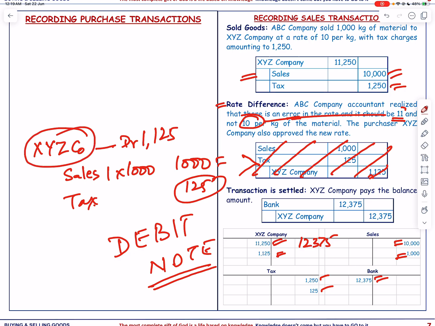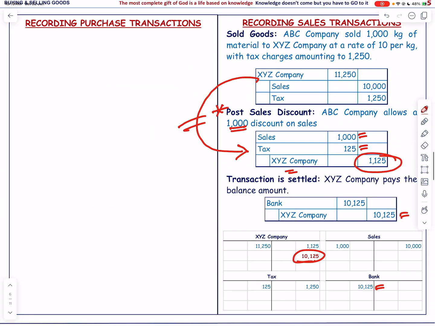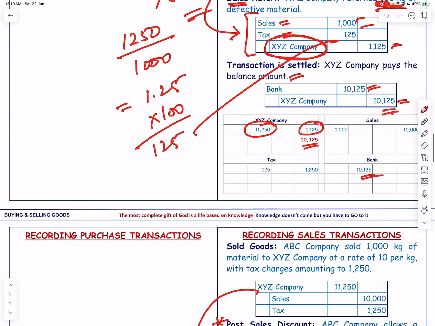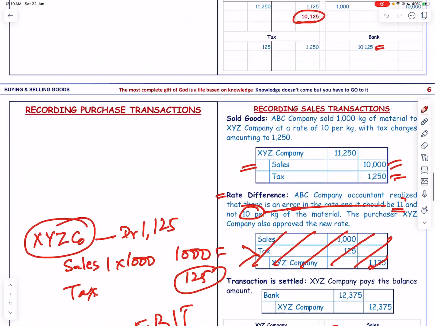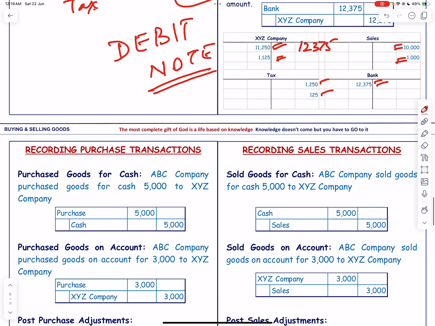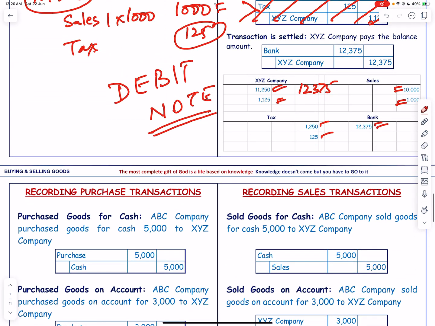If you can remember, in the previous cases we have credited XYZ company. So when we are crediting XYZ company, it is a credit note, and when we are debiting the company, it is a debit note in case of sales.